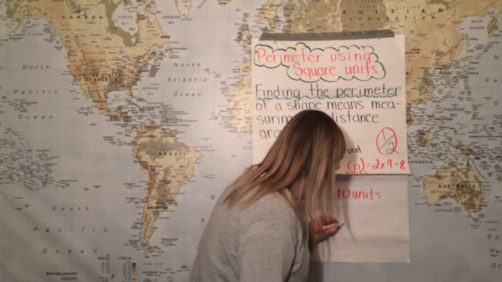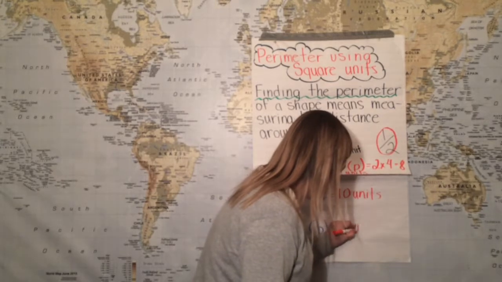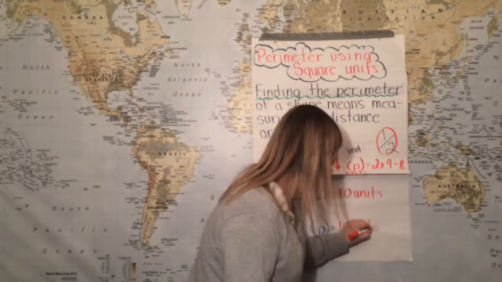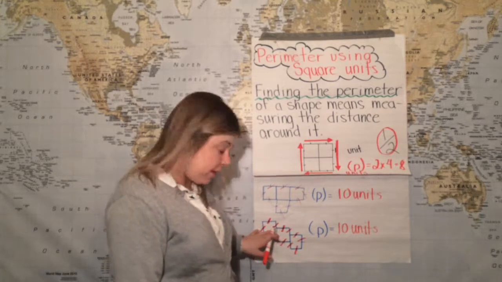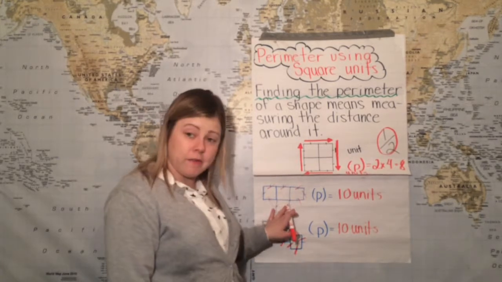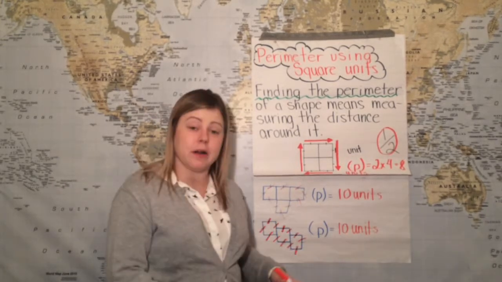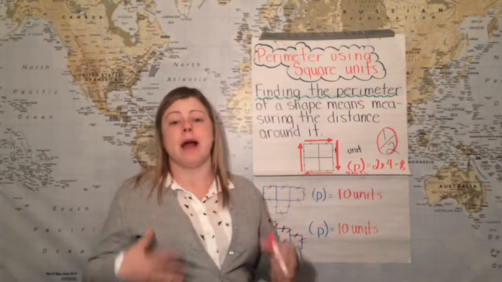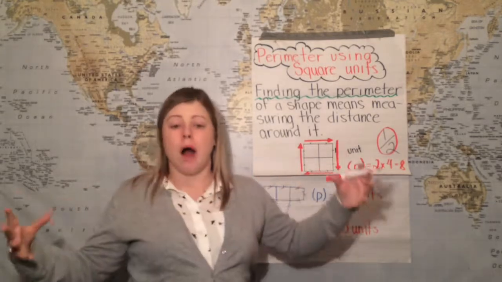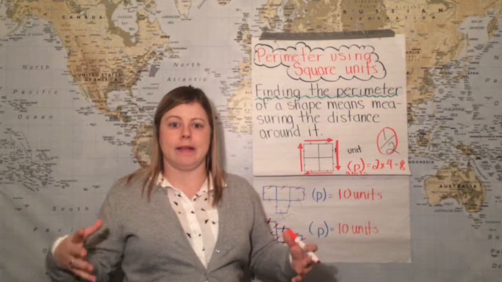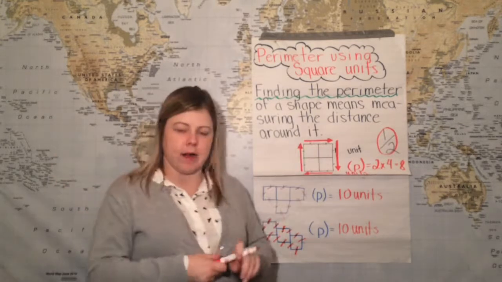So this one is equal to 10 units. So as you can see, this one only had 3 square units, and this one has 4, but they have the same perimeter. So for perimeter, it really matters how things are placed, how wide they are placed apart, and how condensed they are.